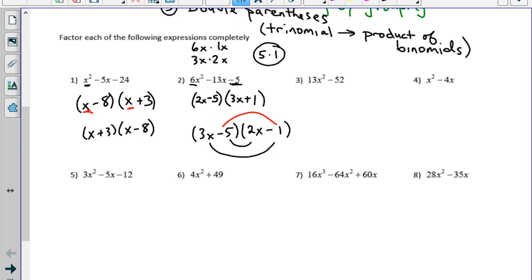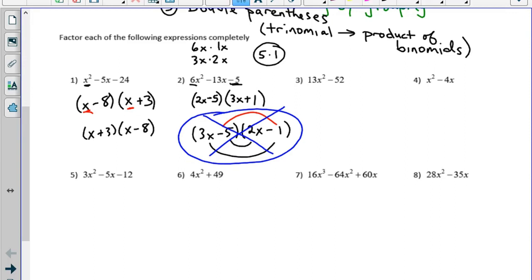So this one does not work. It's close. It gets me everything I need. It gives me a 6x squared, gives me a 13x, gives me a 5. But that 5 ends up being a positive 5 if I did this and not a negative 5. So I need everything to match perfectly in order for factoring to work out. And then if I tried 6x and 1x, it would not have given me the right answer.